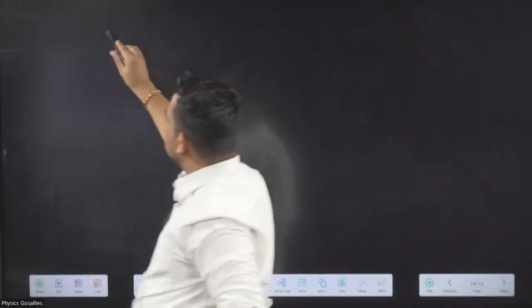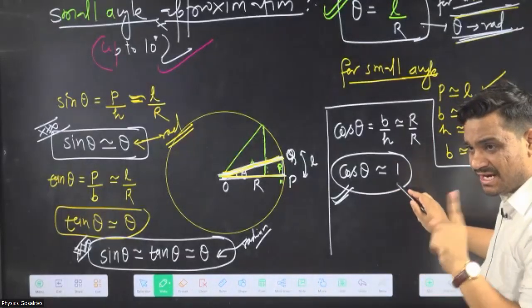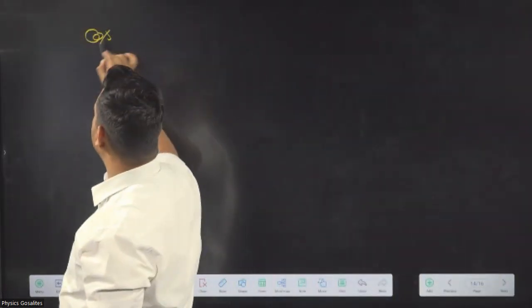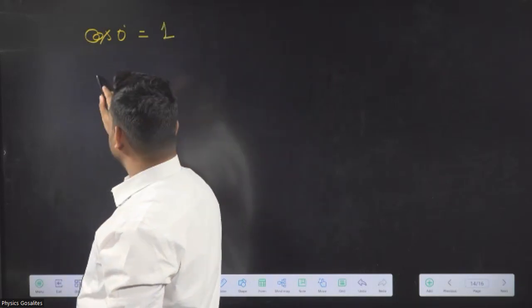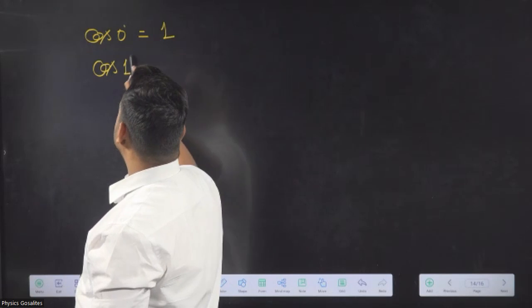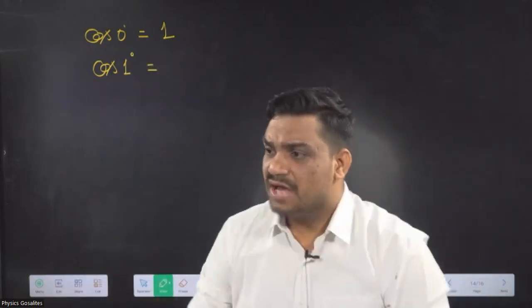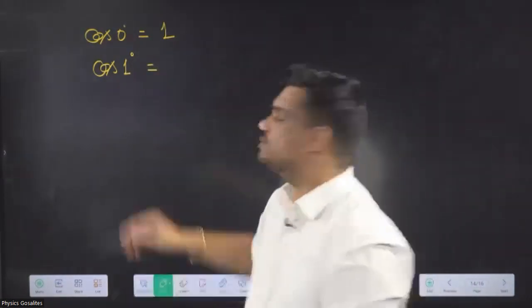Listen. If I say cos, okay, cos up to 10 degrees, we can always take 1. Okay, up to 10. So if I ask what is the value of cos 0, tell me first. 1. If I say cos 1 degree, here do I need to convert into radian? No, because up to 10 degrees we know this value is 1.